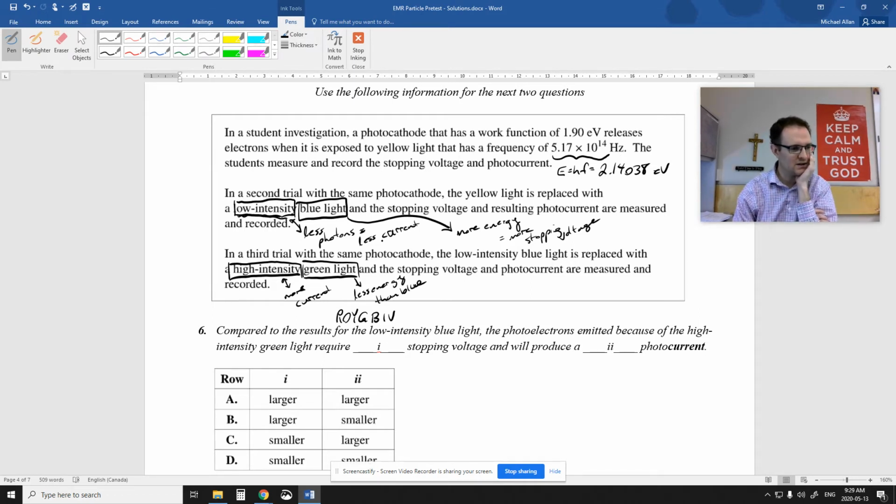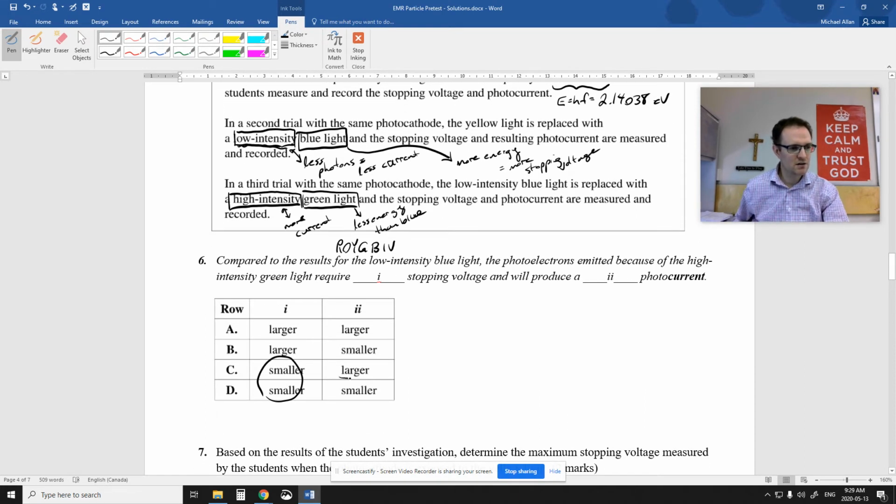So the green light requires a smaller stopping voltage because it has less energy, right? So it has to have a smaller stopping voltage, and will produce, because it is a high intensity, a larger current. Right.